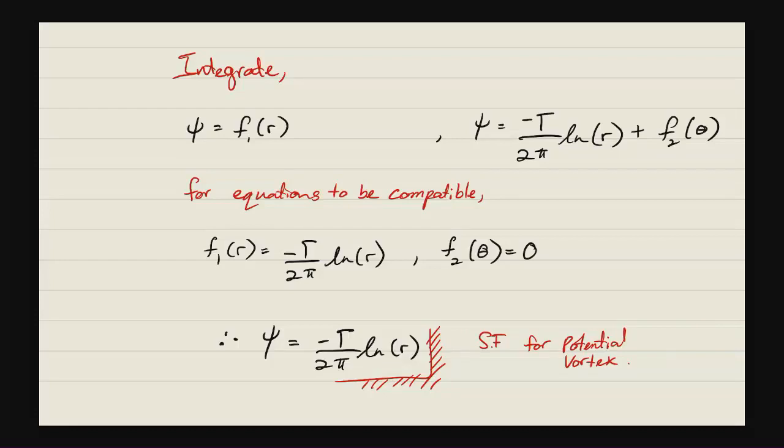Right, so now I have the stream function. I want to find my potential function. Okay, and I'm just going to use the relationship between stream function and potential function in polar coordinates.